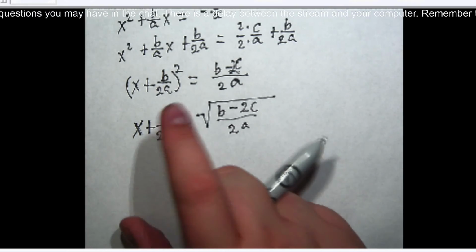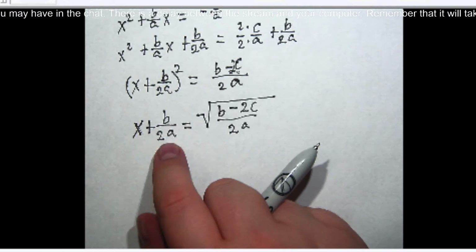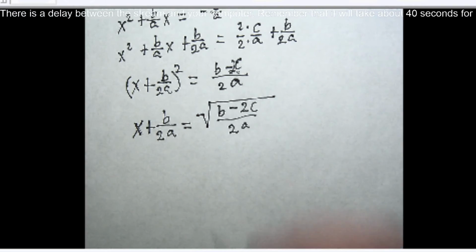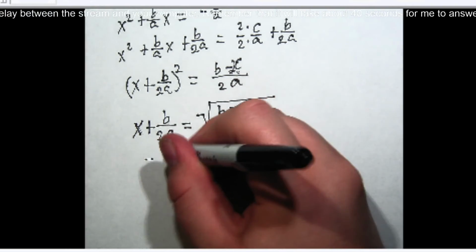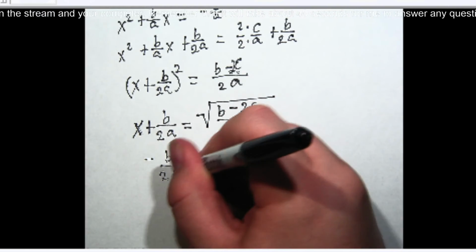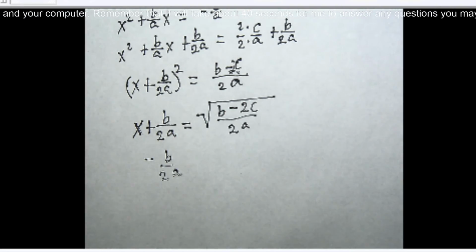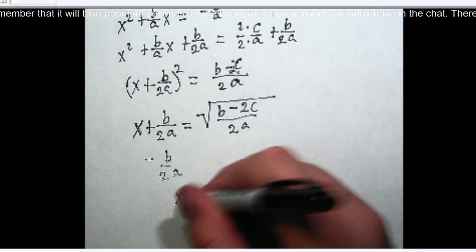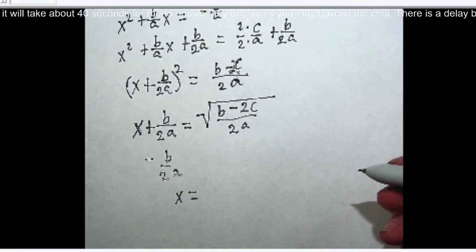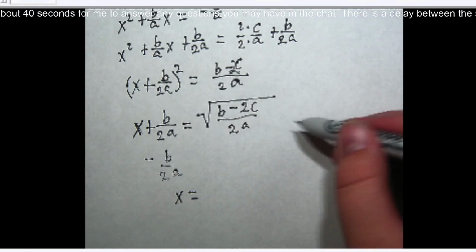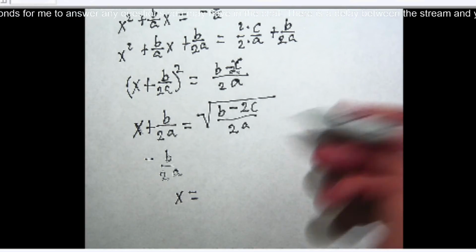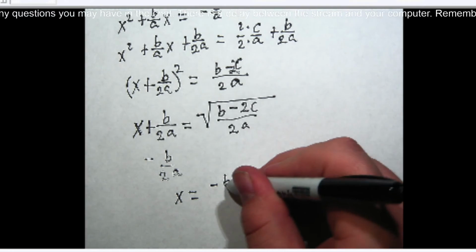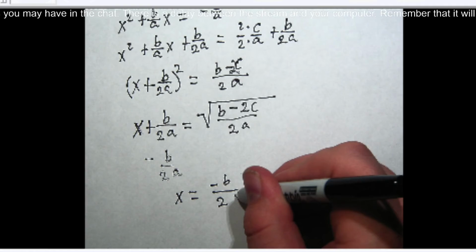Now, again, we want to get x by itself. So we're going to subtract b over 2a. Okay? So now we have x equals, if we add this, that'd be negative b over 2a.